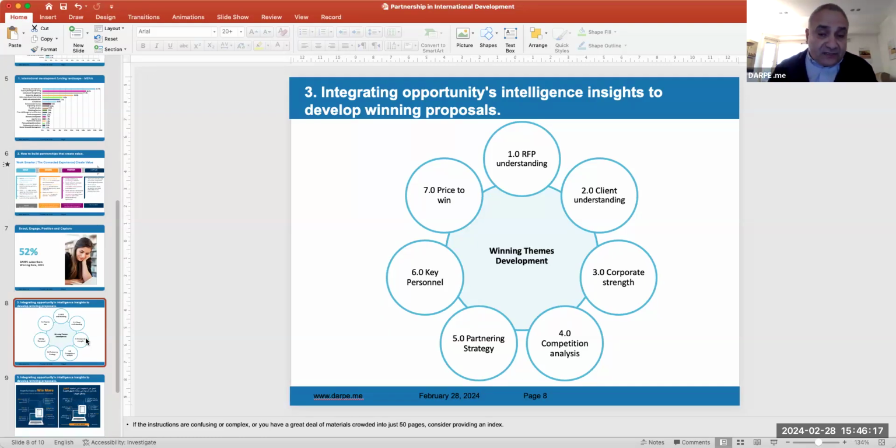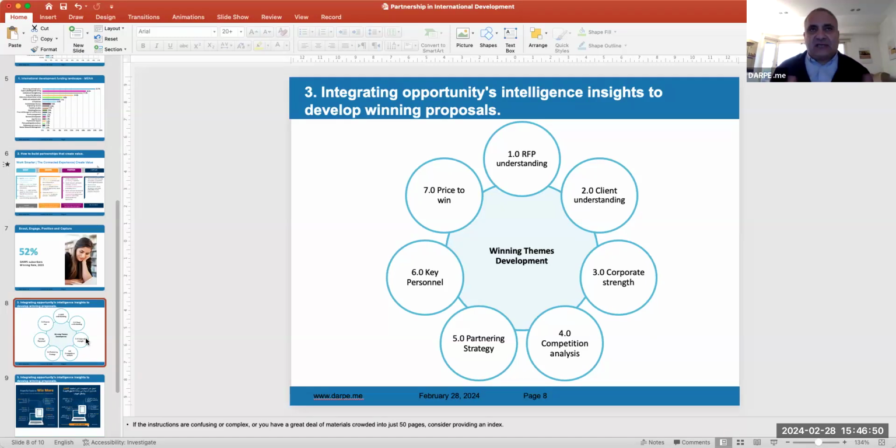And the seventh part that you need to make sure you are competent with is to put a price to win. And I think I have discussed that. So you have a budget that is not the highest, not even the lowest, but is the best value, or value for money, in which you have a balance between what you are going to provide, your value proposition, and the money that you will get paid.